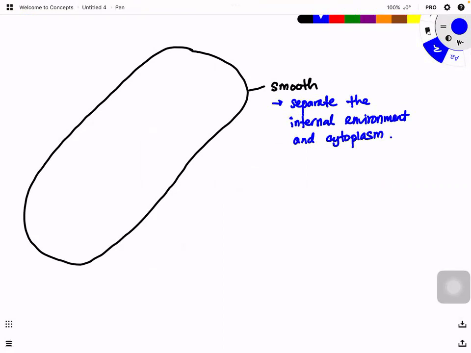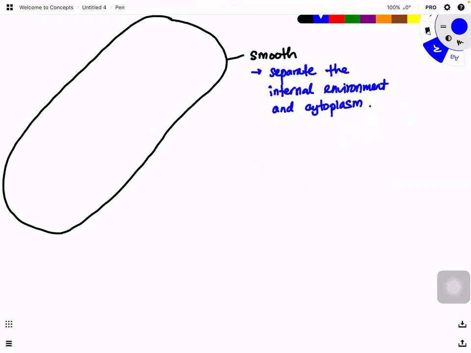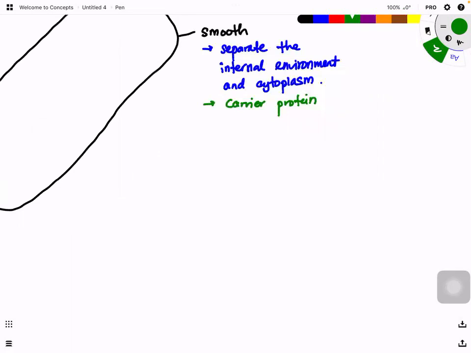Okay, so what is so special about these outer membranes? These outer membranes have carrier proteins. A few carrier proteins that we can write down here. First, a carrier protein for pyruvate, reduced NAD, as well as ATP, because ATP is formed inside the mitochondria.